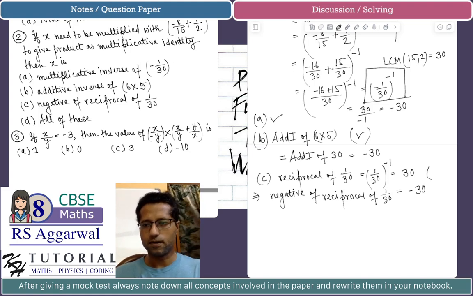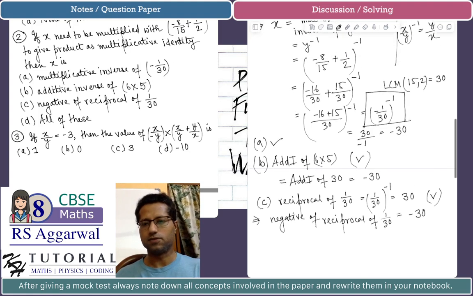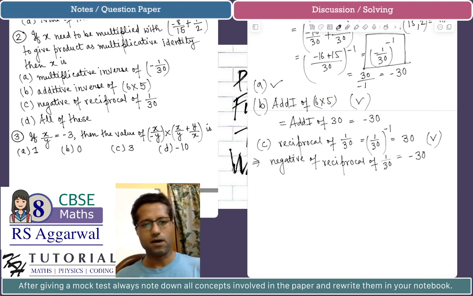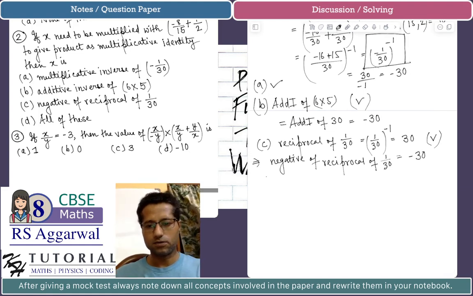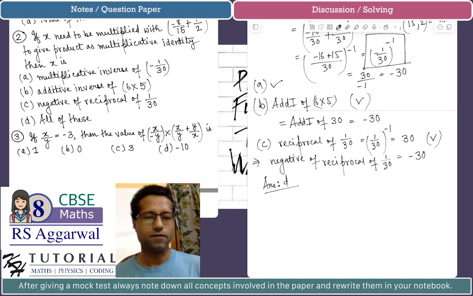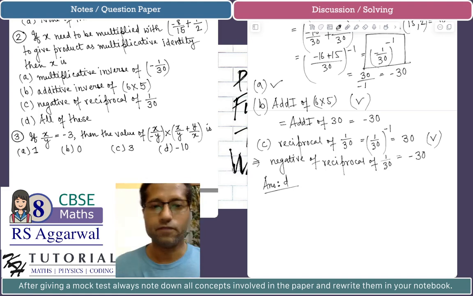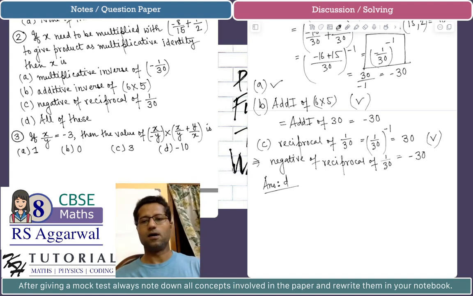This is also correct because as per our result, we have already found x to be equal to minus 30. So, we can see that all A, B, C are correct. So, definitely the correct choice will be choice D. So, whenever you have these kind of choices where the last one is all of these, always look out whether all the other choices are correct or not.